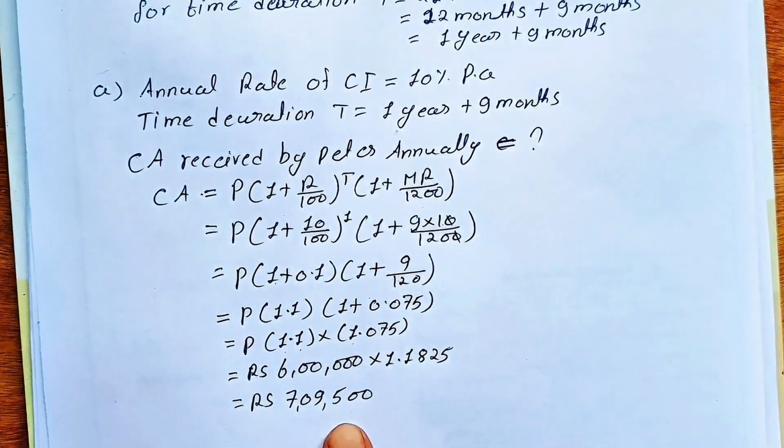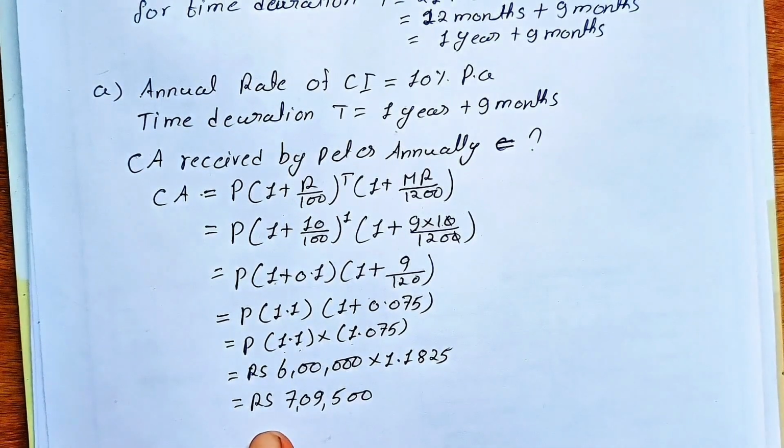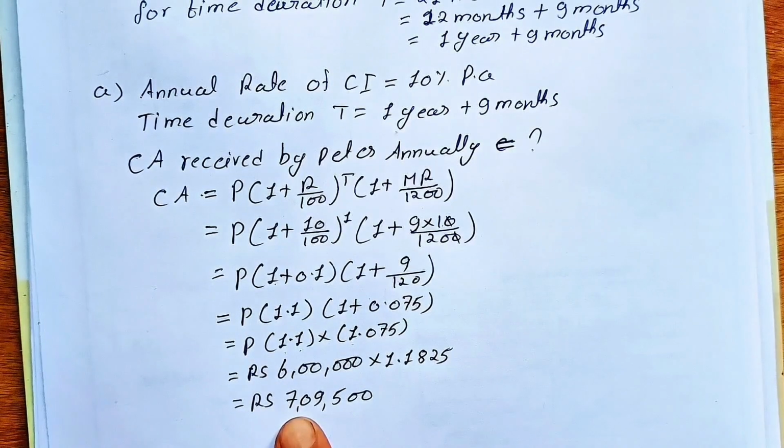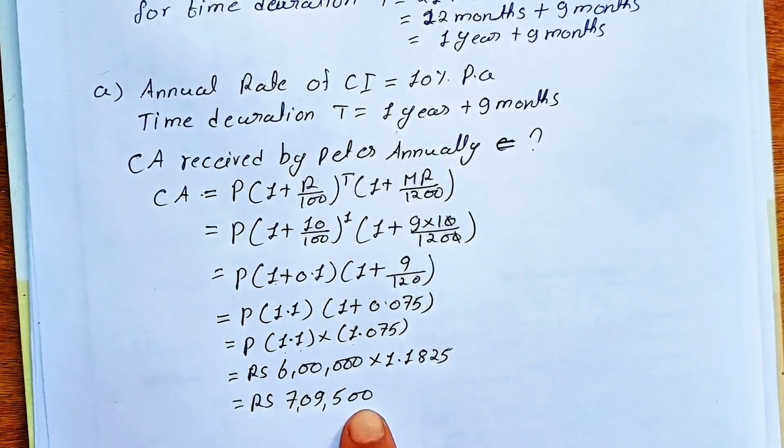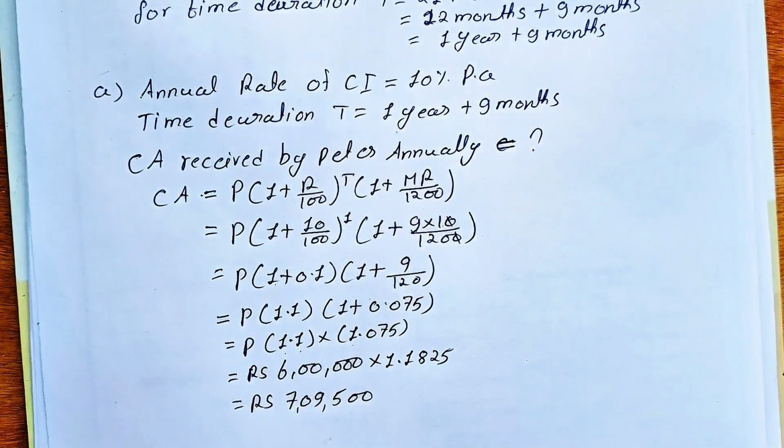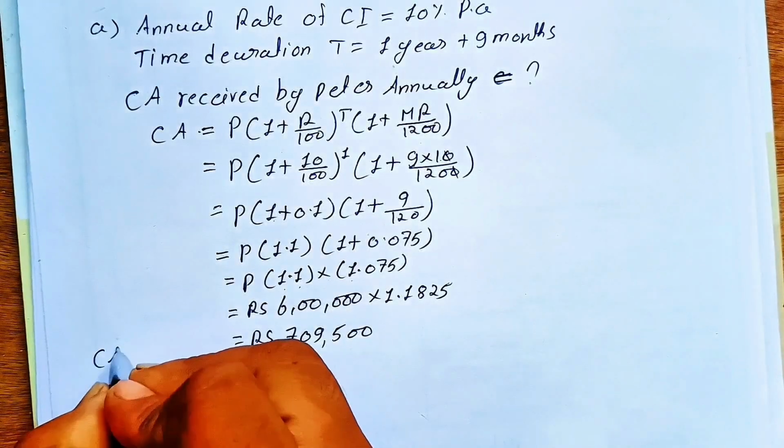So Peter received an annual compound amount of 7,09,500 if he chooses scheme A, that is the annual rate of compound interest. This is the CA annual.